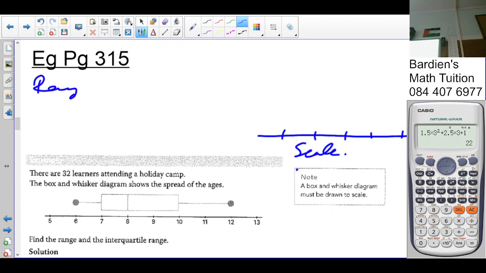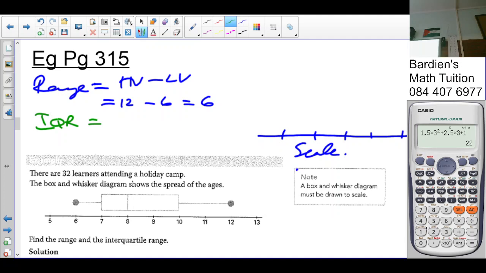So how do you calculate the range? The highest value minus the lowest value. So what's the highest value? 12 minus the lowest value, 6. So the range is 6. Do you see that, people? Then they ask you to work out the interquartile range, which is going to be quartile 3 minus quartile 1.